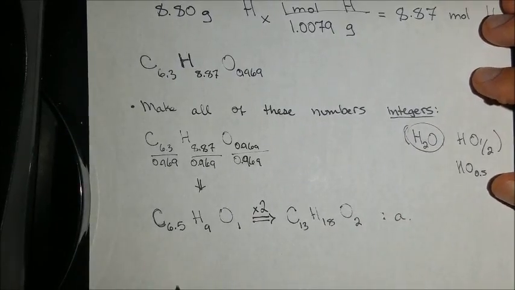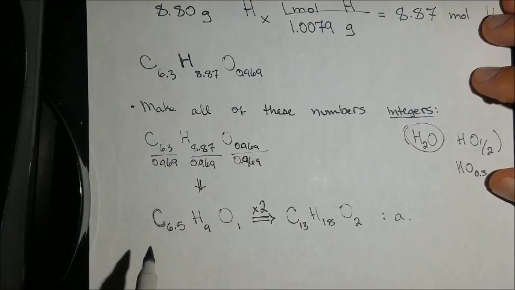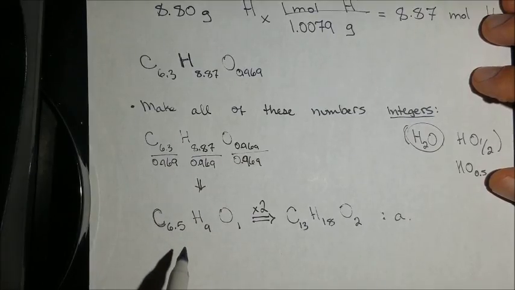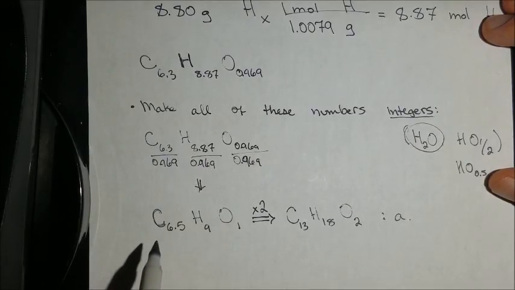I want to explain here why 6.5 doesn't just round up to 7. The reason is because anytime you get something that rounds to 0.5, basically you have not reached your integer numbers yet. Anytime you round, you want to be pretty close to the number you're rounding. If this was a 6.9, that would have been okay to round to a 7. If this was like a 6.1, that would have been okay to round down to a 6.